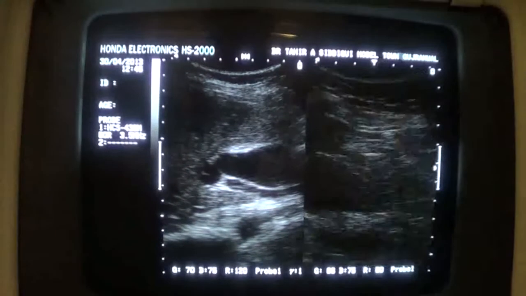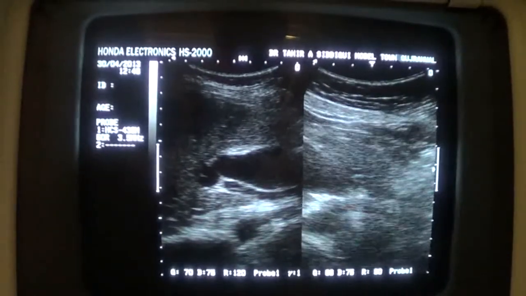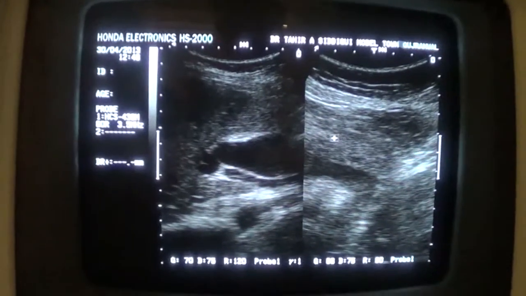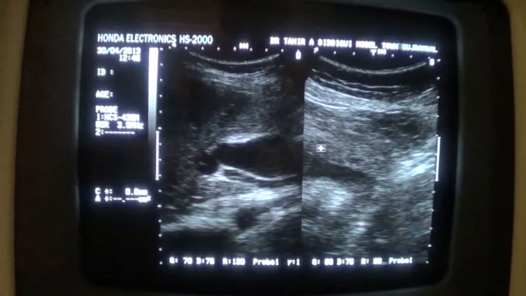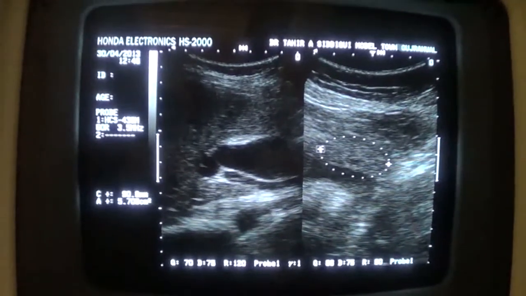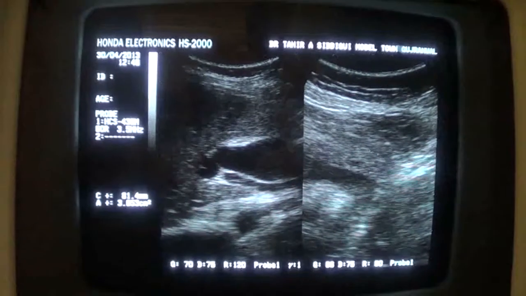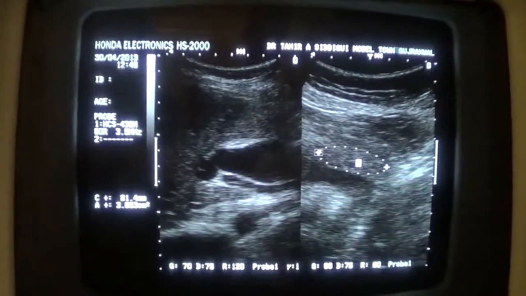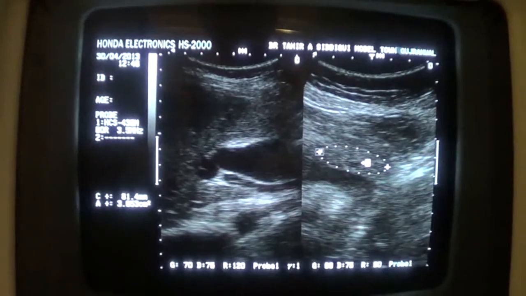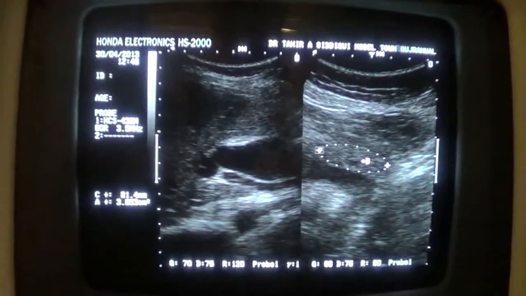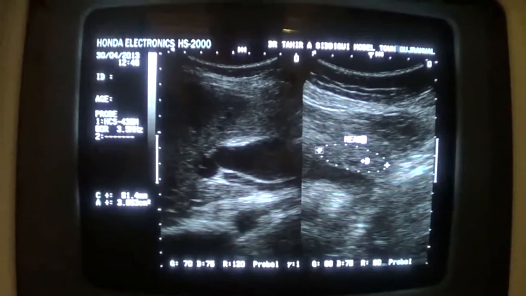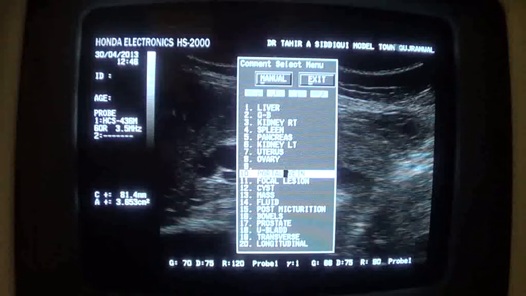Now, this is the pancreas, the head of the pancreas, this area, and this tiny cystic area that you are seeing is the duct, pancreatic duct. This is the head of the pancreas.